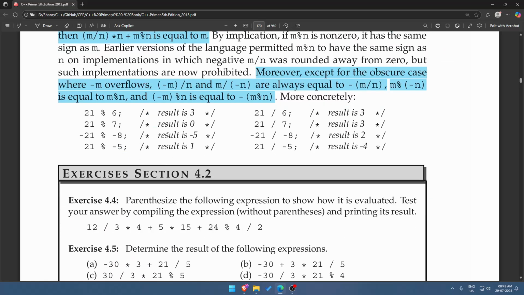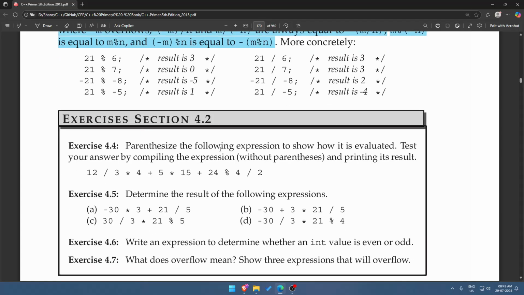Okay, got it. Okay, parenthesize the following expression to show how it's evaluated. Test your answer by compiling the expression. So first of all, we'll go with all the multiplications, and these are evaluated first.